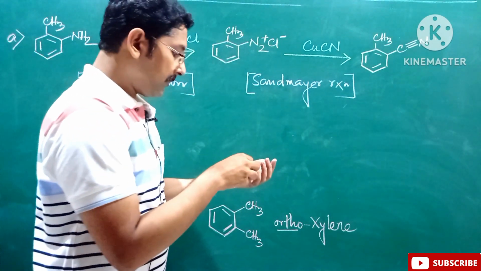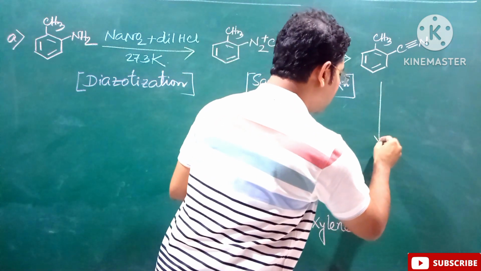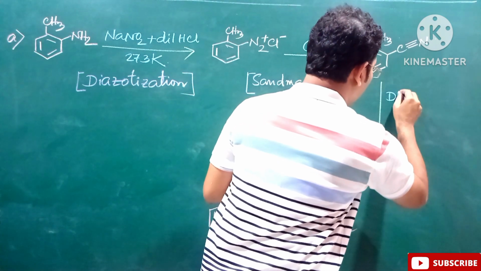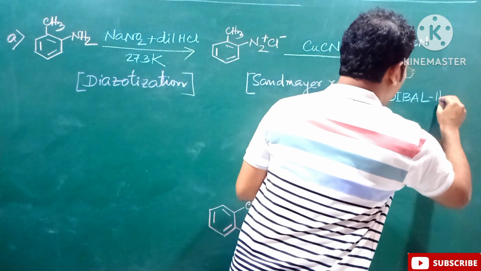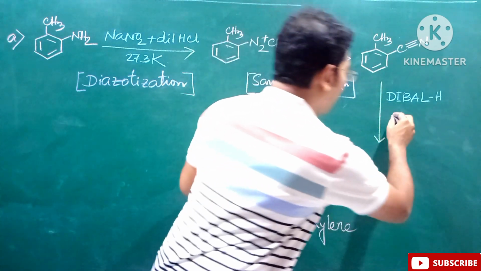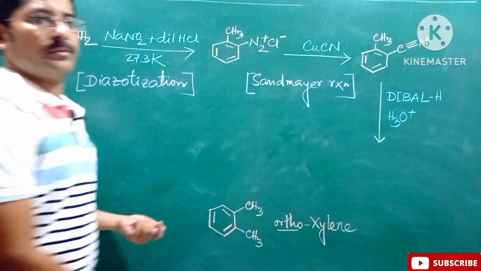Now, in the next step, this compound is treated with DIBAL-H. Do you know the function of this reagent? This is diisobutyl aluminum hydride, right? And then hydrolysis is carried out.